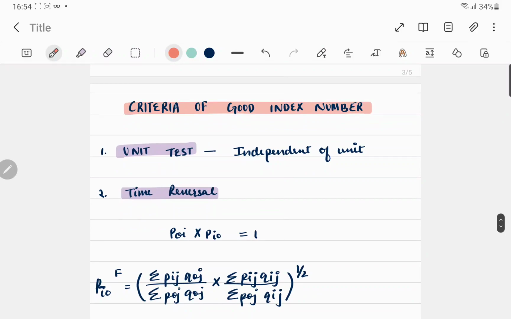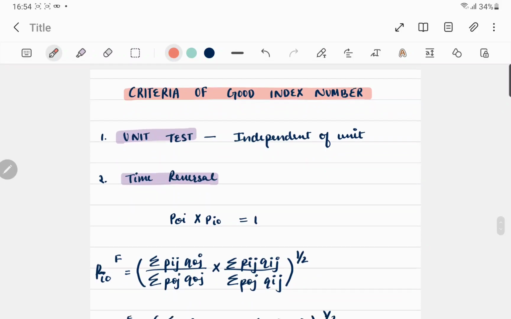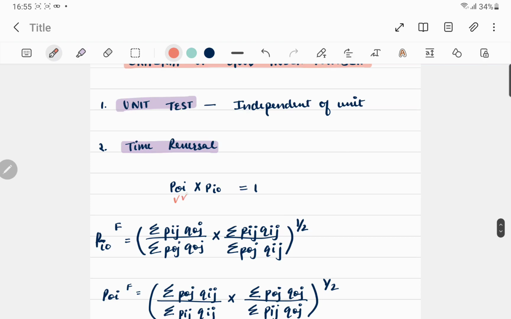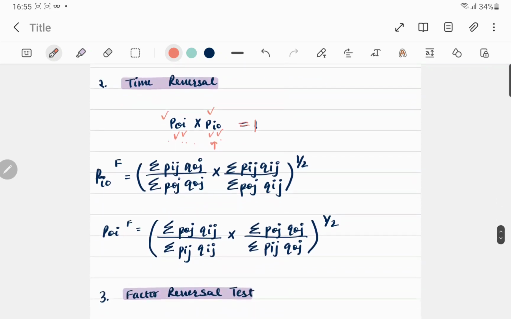Time reversal test. The time reversal test basically says that if you interchange the periods and multiply the two index numbers, it should be equal to 1. We say that Fisher's index follows the time reversal test. That is, if you multiply P01 into P10, these index numbers, you will get 1. I have taken a quick example here. P01 of Fisher's will look like this, because we are taking the geometric mean of Laspeyres' and Paasche's.